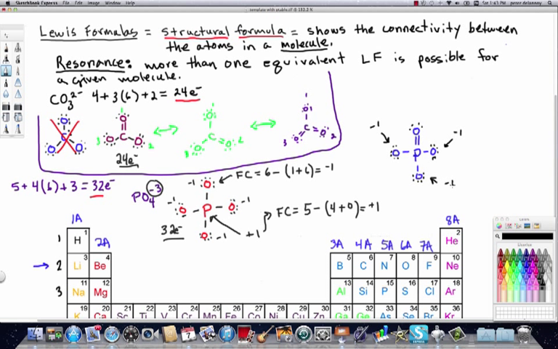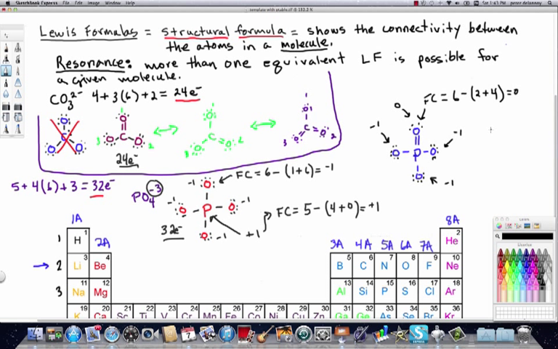We did this in the sulfate video, but I'm going to calculate the double bonded oxygen really fast. FC is going to be 6 minus 1/2 of bonding, so it's 2, 4, divided by 2 is 2. And then this is added to the total unshareds, which is 4, and so the FC is 0 for this oxygen.